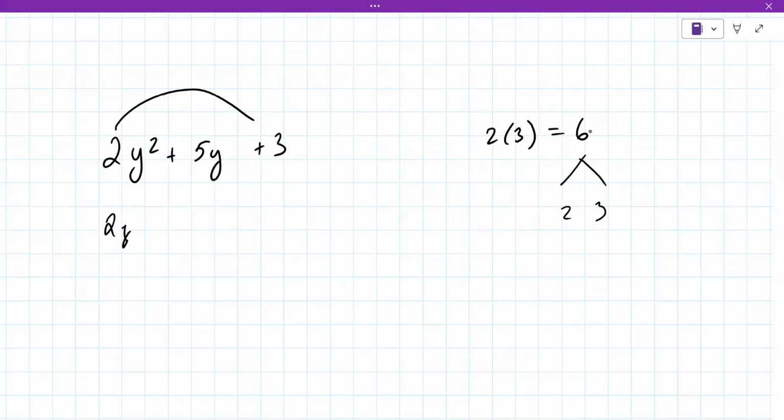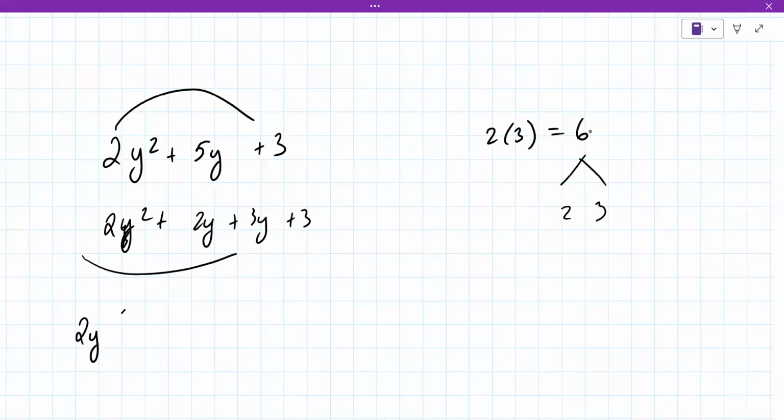So it's 2y squared plus 2y plus 3y plus 3. First one there becomes 2y times y plus 1. Y plus 1. And then what goes in the middle here? That would be 1. You've got to get back to 3y plus 3.